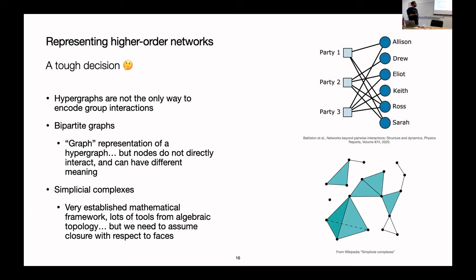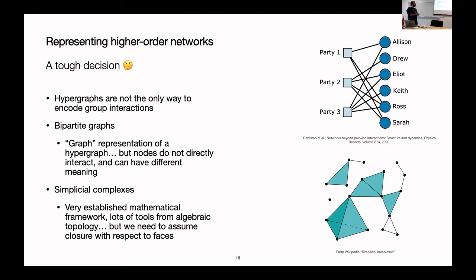Then we have other objects called simplicial complexes. These are very established mathematical frameworks, and they have lots of tools from algebraic topology to study them. They are used to model higher order networks.